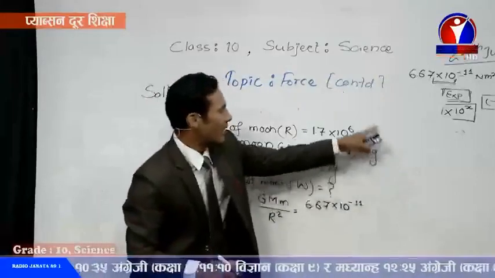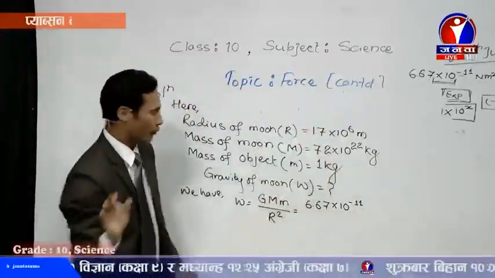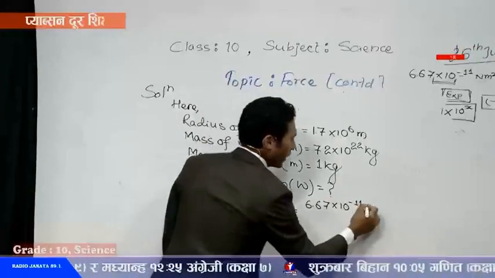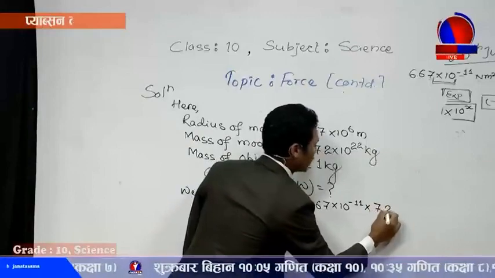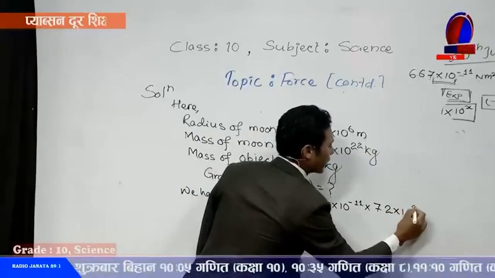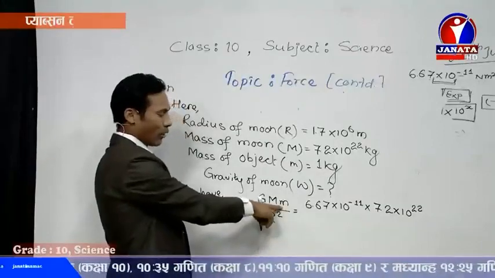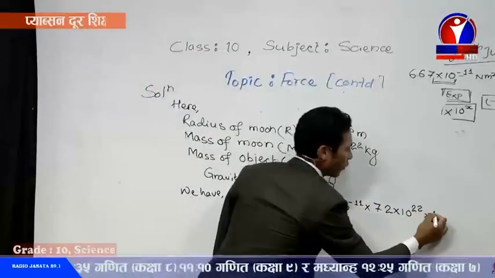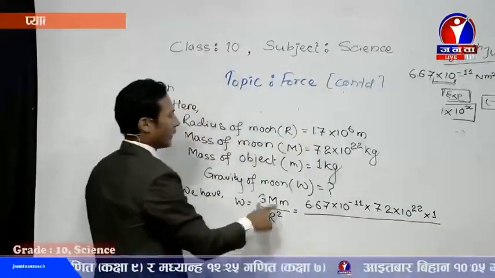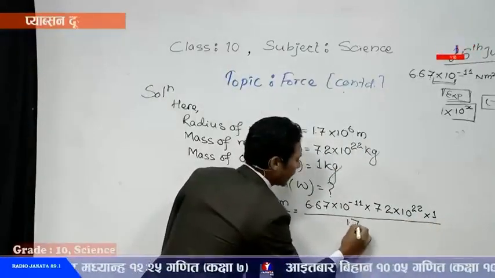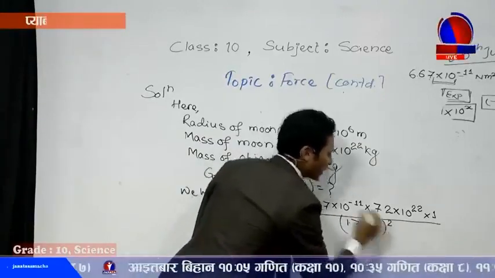And before that, let's check the units. That is already in the SI system of units, so there is no problem, right? Into the mass of the moon, that is 7.2 into 10 to the power 22 kg, and the mass of the small object, that is 1, divided by the radius, that is 1.7 into 10 to the power 6, to the whole square.